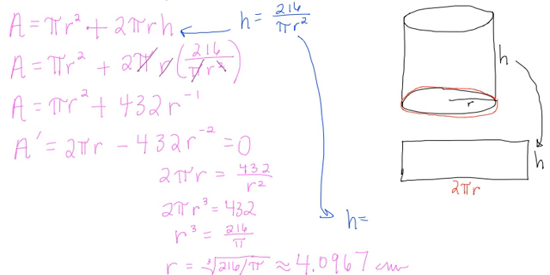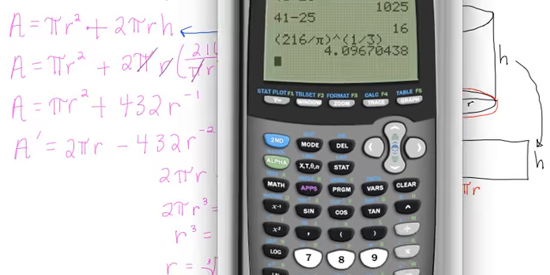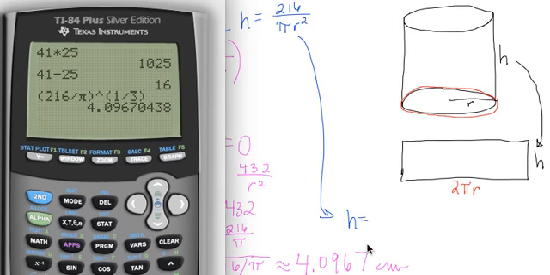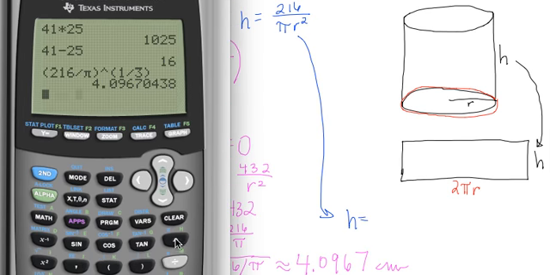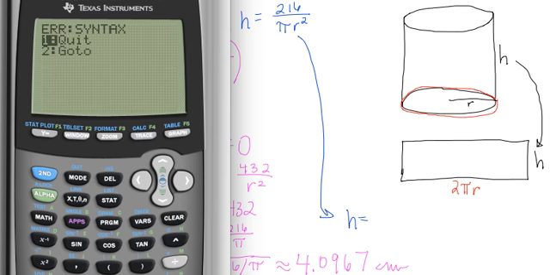Okay, so then h is right here, 216 over pi times r squared. So let's square r and multiply it times pi. So I'm doing the denominator right here.